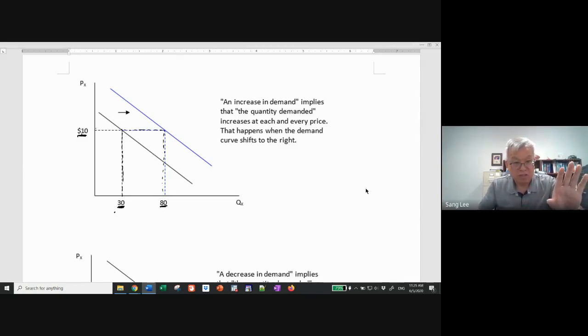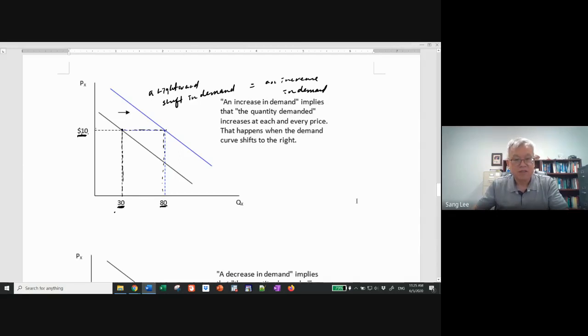So the price did not change, same price, just the people buy more. Same price, but the quantity demanded increased. Whenever it happens, we say there is a rightward shift in demand, or simply an increase in demand.